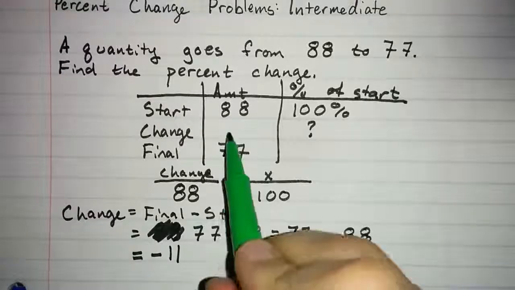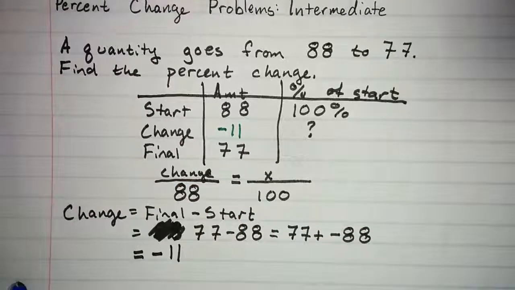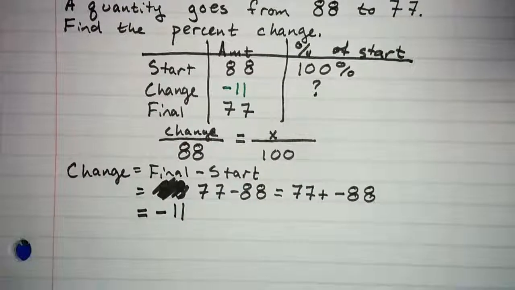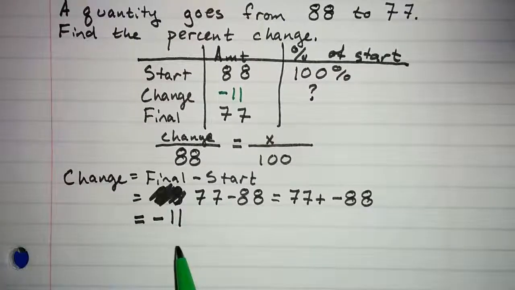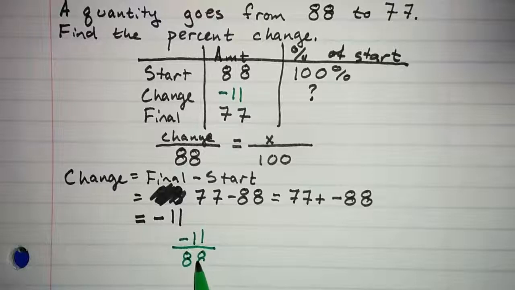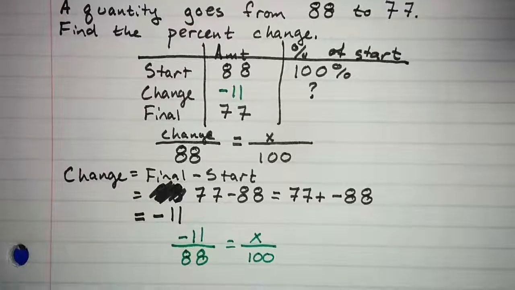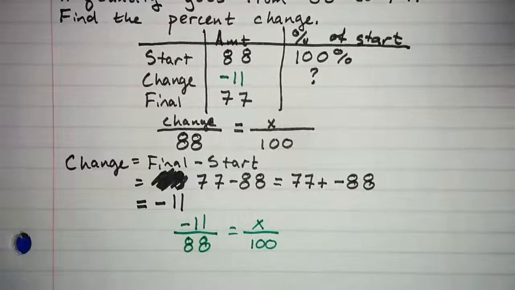We know that the change is negative 11, and now we know everything that needs to go into this percent proportion. Negative 11 over 88 is x over 100. Cross multiply.